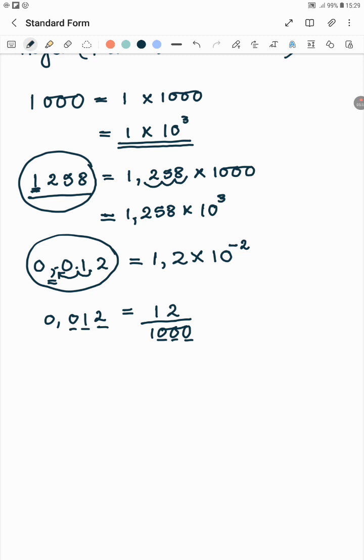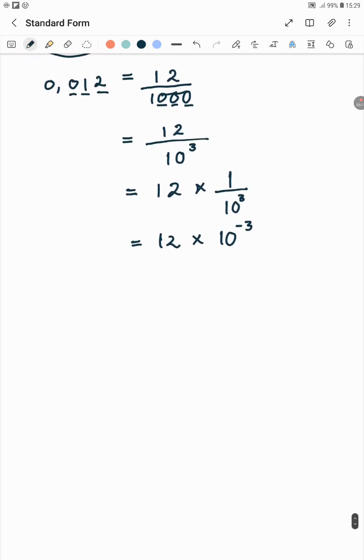So if it's like this, it means that we have 12 over 10 to the power 3. And now we can say, if we find the reciprocal, this is the same as 12 times 1 over 10 to the power 3, and the reciprocal of 1 over 10 to the power 3 is equal to 10 to the power minus 3.